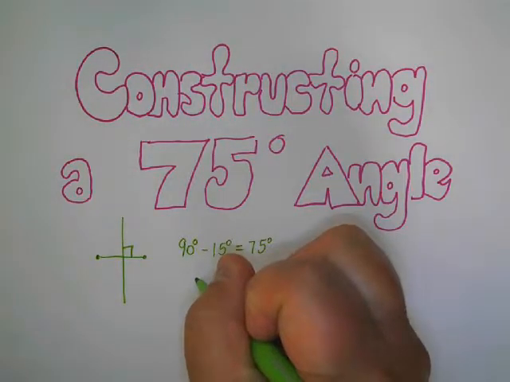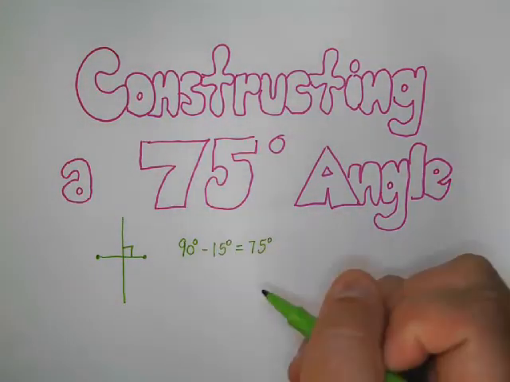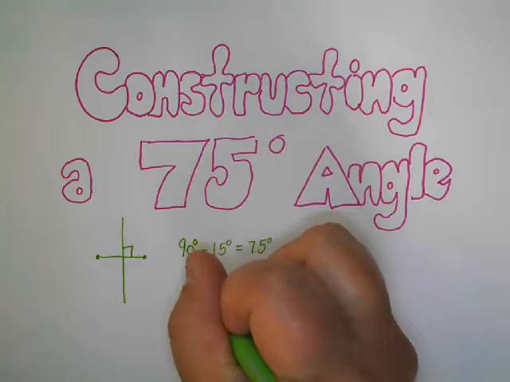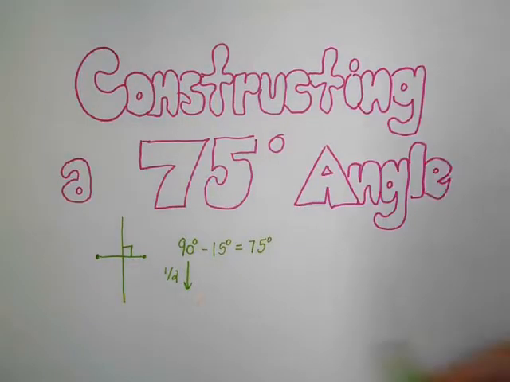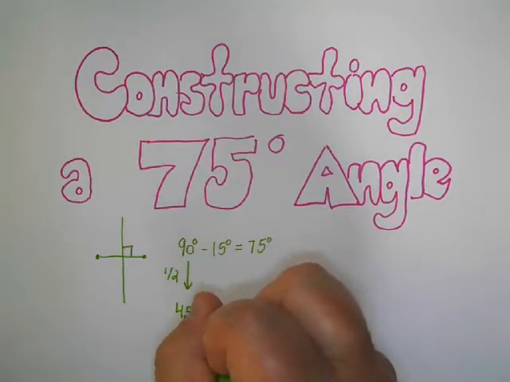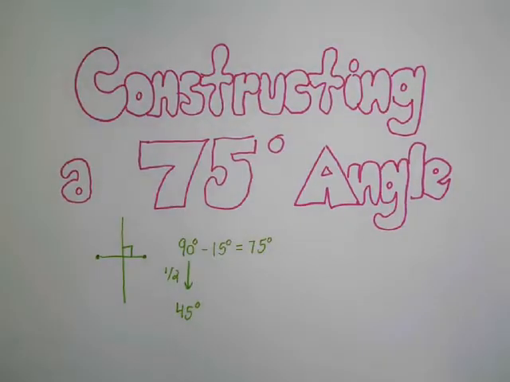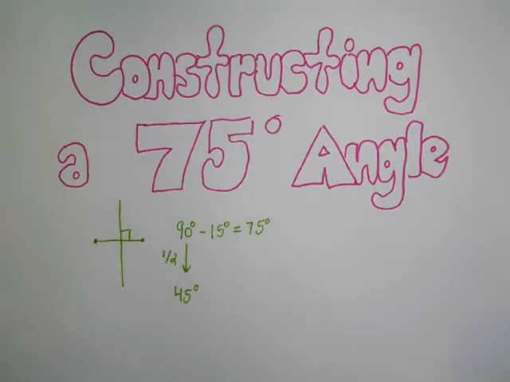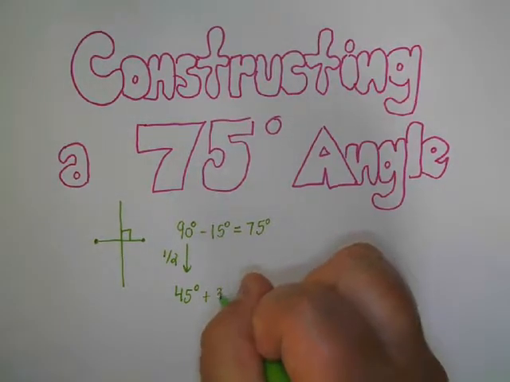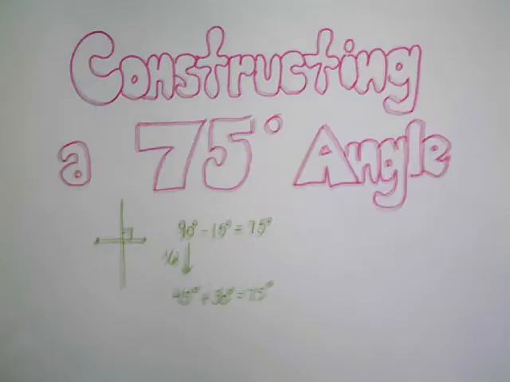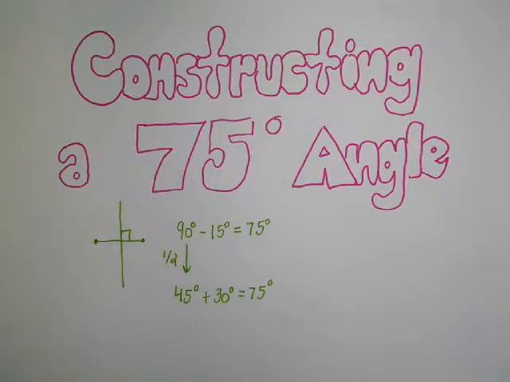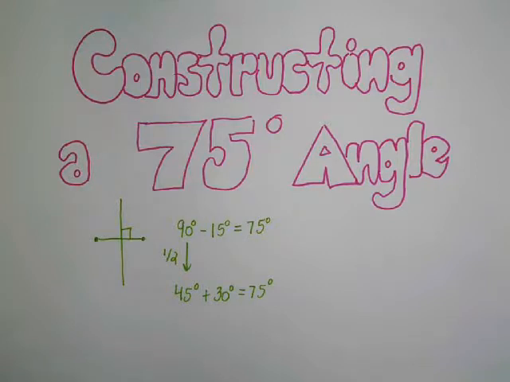We know how to bisect an angle, so we could bisect the 90-degree angle to get a 45-degree angle. And we would need to add a 30-degree angle in order to create our 75-degree angle. Okay, so I can do a 45-degree angle, but how can I get a 30-degree angle?